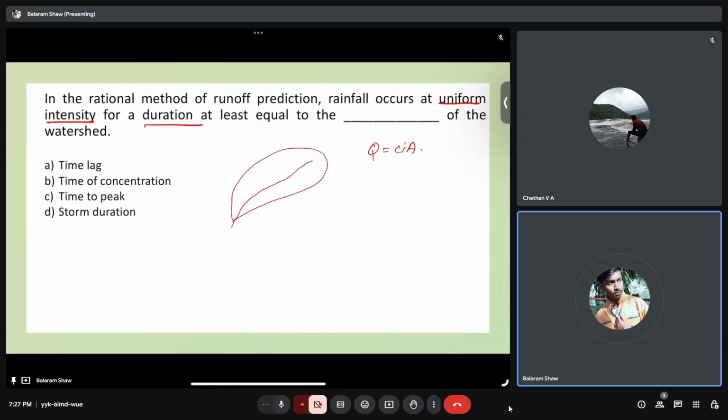The time taken from the farthest or remotest location to come to the outlet, we call that the time of concentration, right? So the correct answer will be the time of concentration Tc. Okay. Any question here?